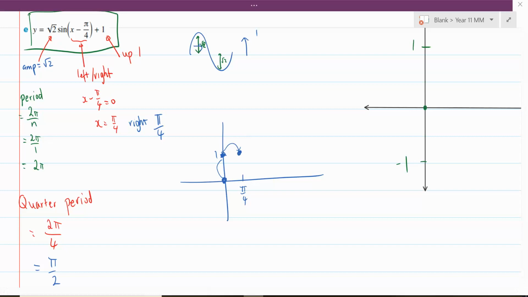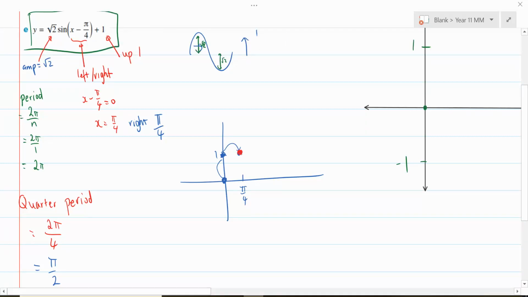Okay, so I'm going to just draw in red so you can see. It starts right there. Now, what I know is there has to be a maximum and a minimum somewhere and back to the center. Now, you know the amplitude already. You said it went up by 1. The center was here, and I moved the center up by 1.